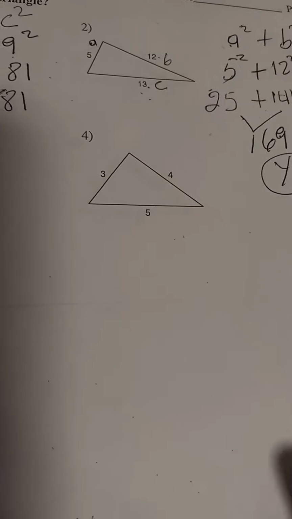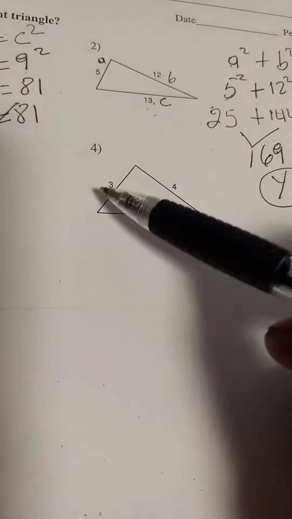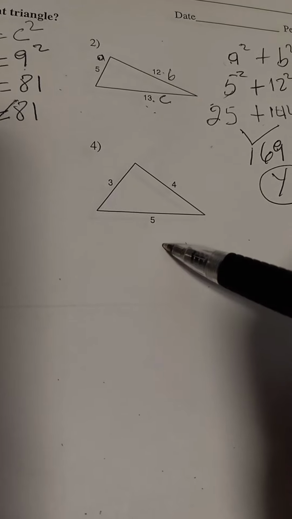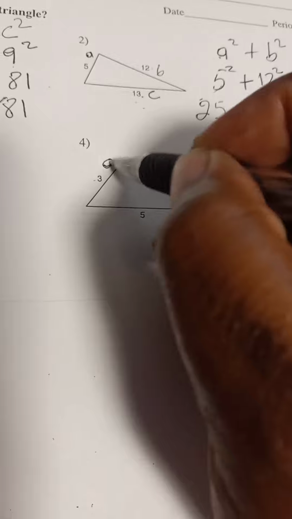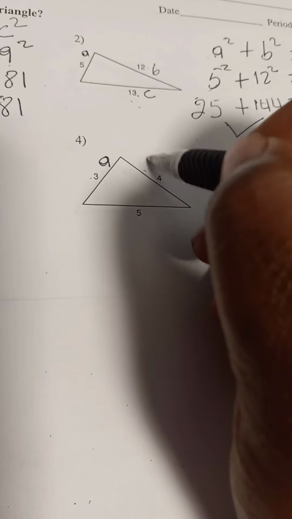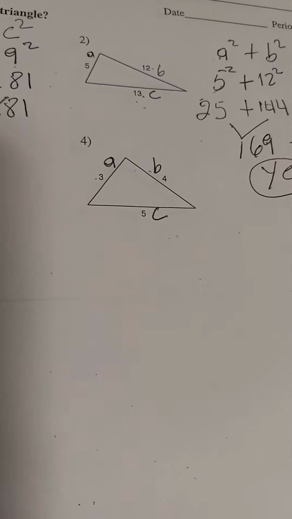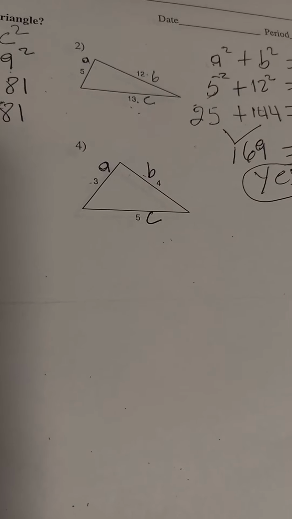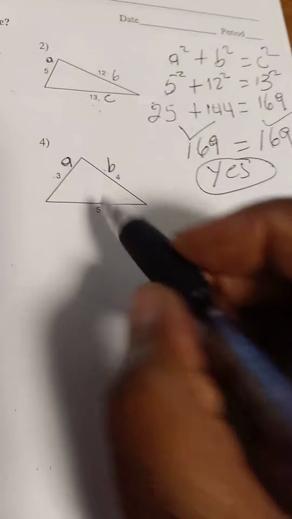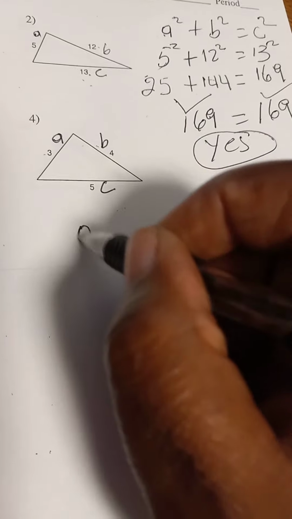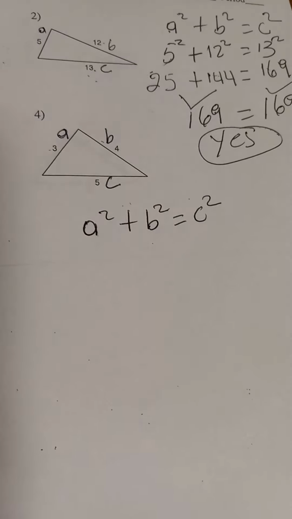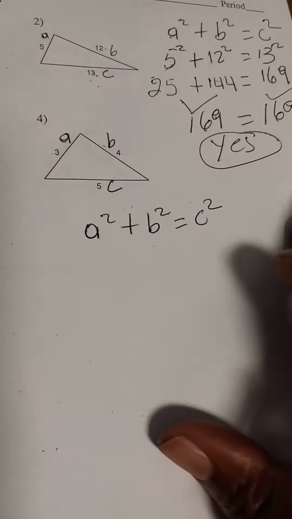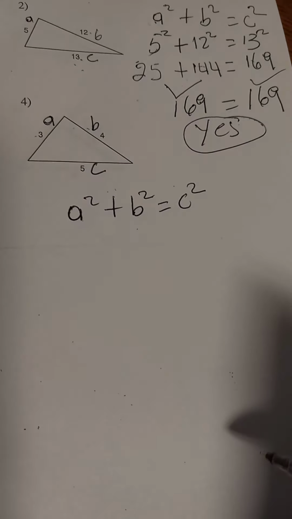So our last problem, you have 3, 4, and 5. So I am going to label the two short legs. I'm going to label this side A, this side B, and the hypotenuse C. So again, if you notice, I always use A squared plus B squared equals C squared. So it will be instilled in your brain. So you could tell yourself, oh, that's what I'm doing.